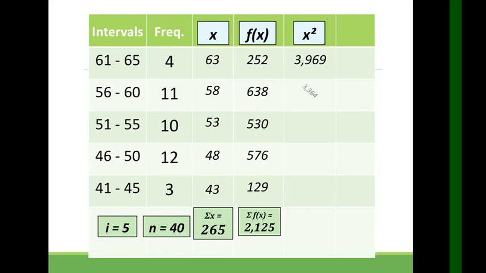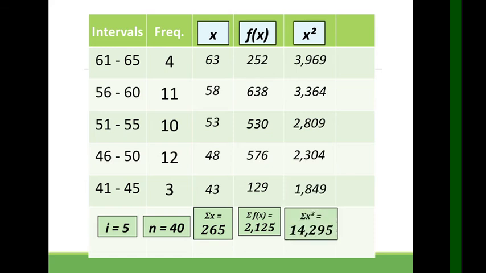And then 58 times 58, 3,364. 53 times 53 is 2,809. 48 times 48 is 2,304. And 43 times 43 is 1,849. And then get the summation of f of x squared, and you will get 14,295. Finally, we have the cumulative frequency.